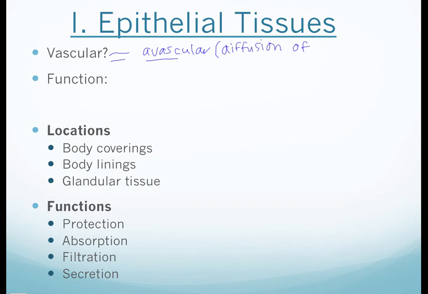So diffusion of gases and nutrients from underlying tissues. But epithelial tissue itself does not have a direct blood vessel running through these layers.